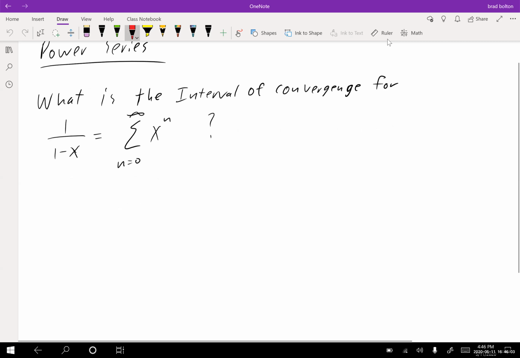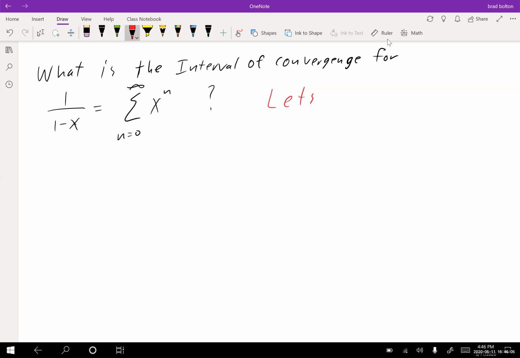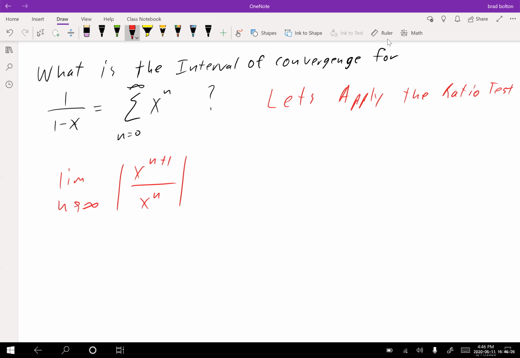So we're going to apply the ratio test to this. If you guys recall, let's apply the ratio test. Okay, and so we have the limit as n approaches infinity of the absolute value of x to the n plus 1 divided by x to the n. And now, if you remember, the ratio test said something very specific.